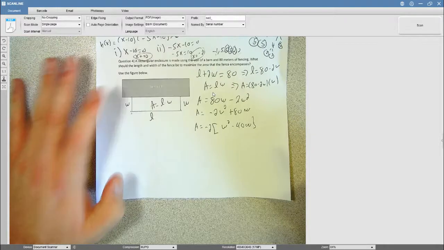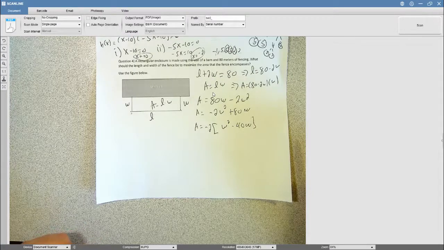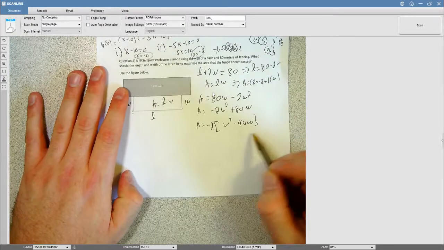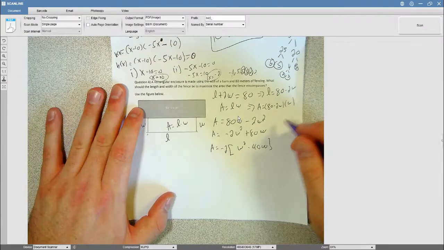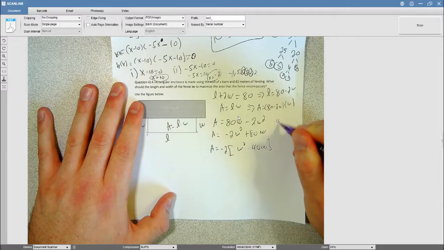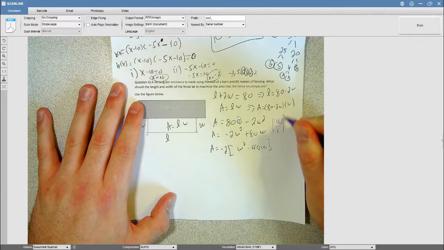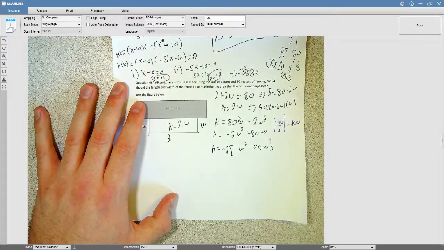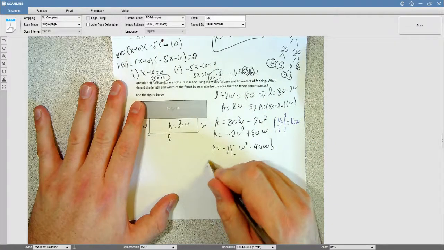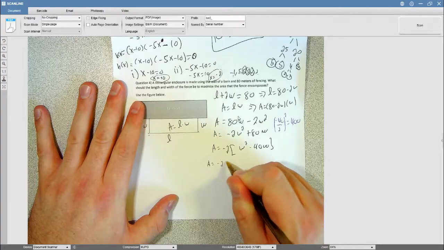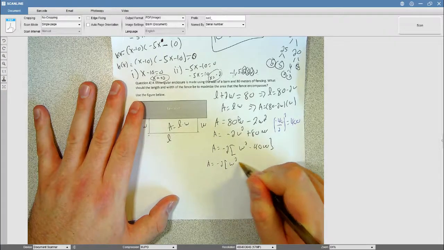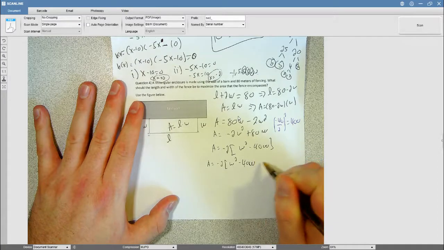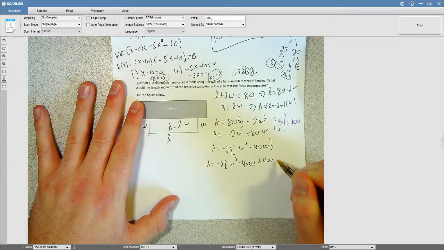Now, again, we want to complete the square. So if we take that b term there, that b term should be negative 40 over 2, quantity squared, and that becomes 400. So that means that we have A equals -2 times w squared minus 40w plus 400 minus 400.